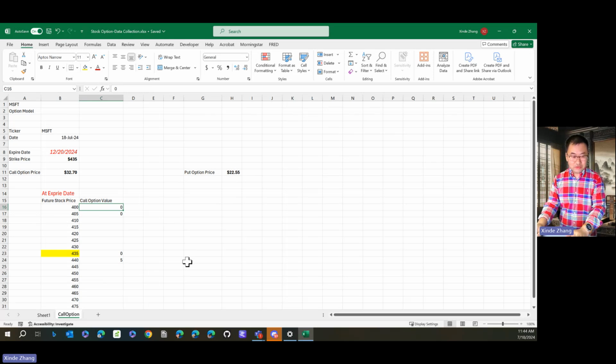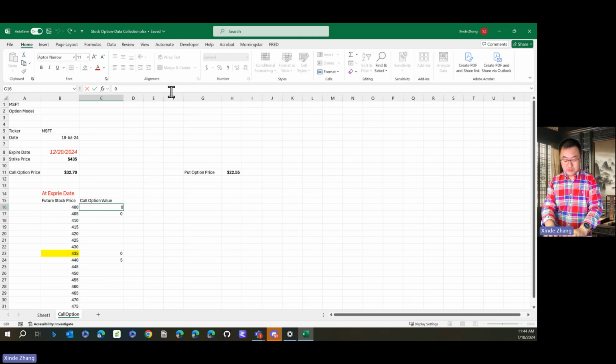So how are we going to put this into the Excel formula? Well, we know that the option price cannot be less than 0. So we're going to use a minimum formula here.